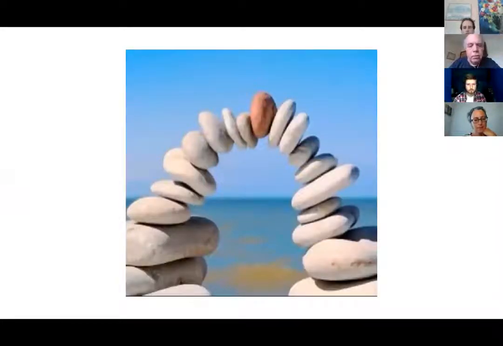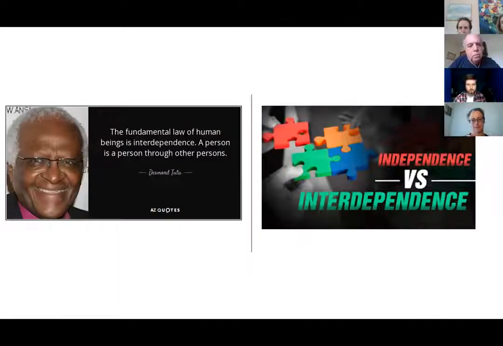And there's this notion of interdependence, that we all need each other, that independence is never strictly true of ourselves, of our lives, that whatever stage of life we're at, even our most strong and vital, we're still depending on other people to have our needs met. Desmond Tutu's quote there, the fundamental law of human beings is interdependence. A person is a person through other persons, which I think is really quite profound.